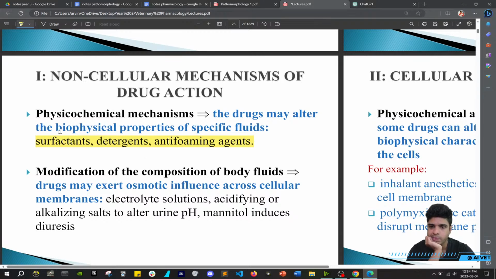So they are purely chemicals that disrupt the normal functioning of the body, which doesn't involve a cell specifically here. Suppose someone consumes it, it alters the biophysical properties of specific fluid.